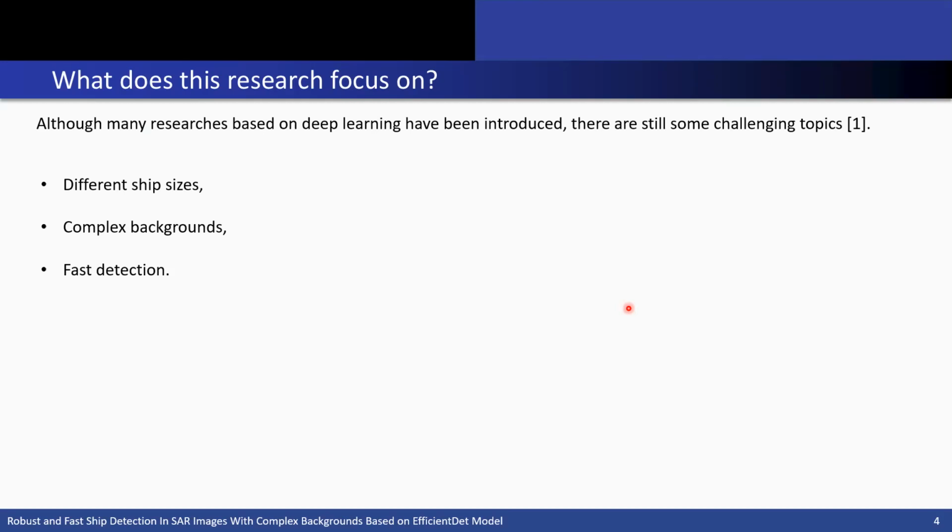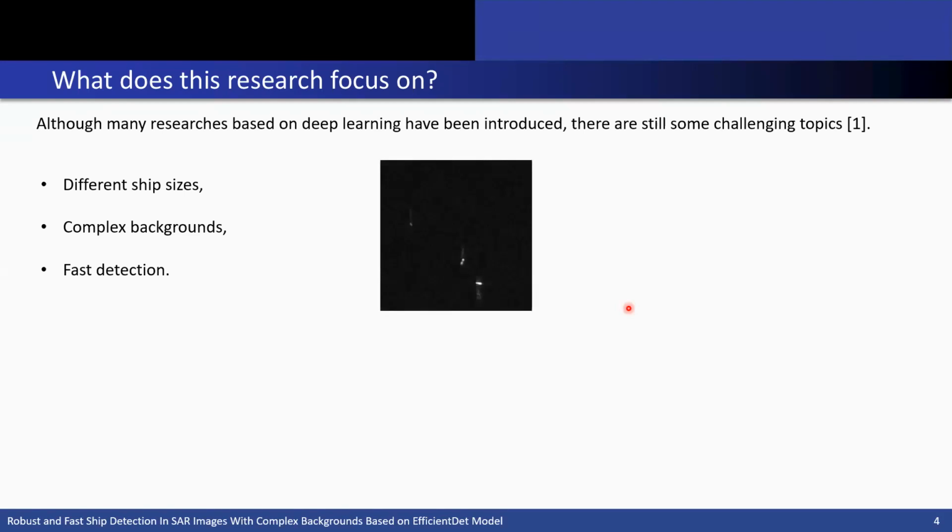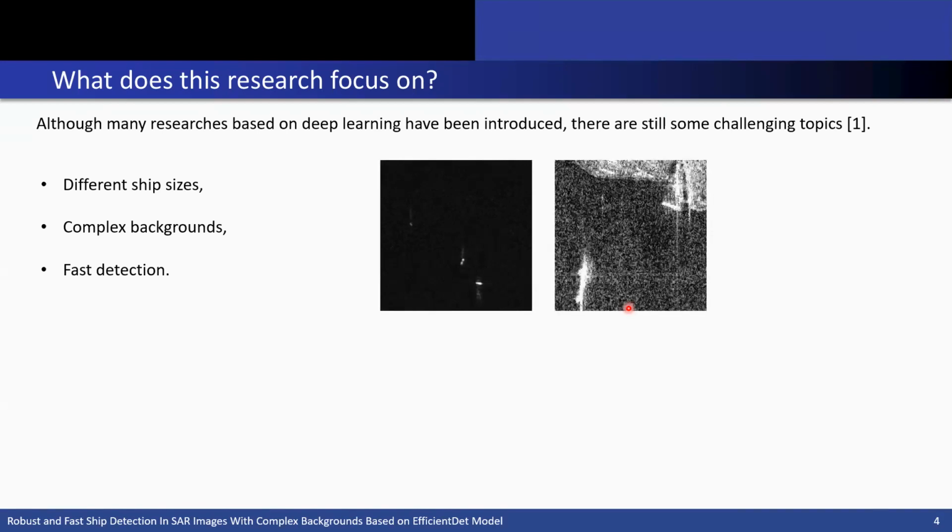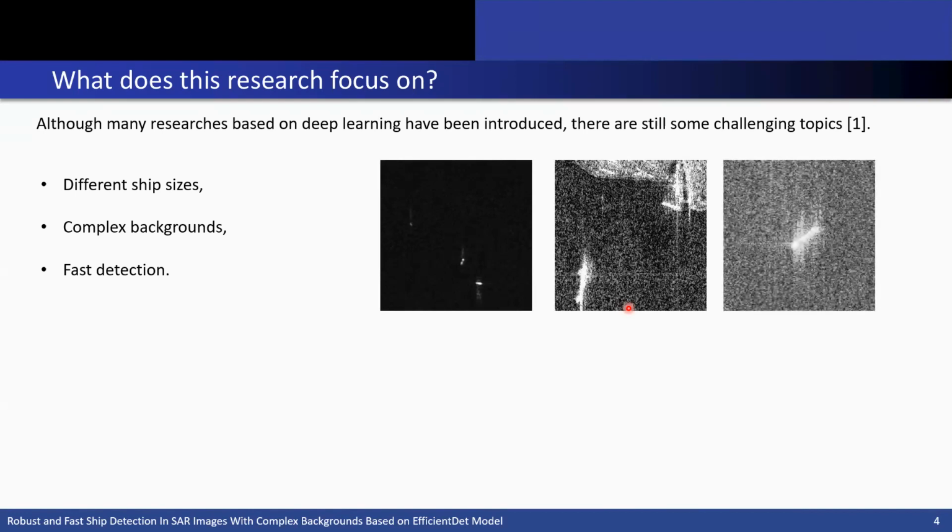For example, ships can have different sizes. The ship's size can be small, large, or medium, as is seen in the figure. Or the SAR image may have complex backgrounds, as is seen here and here.